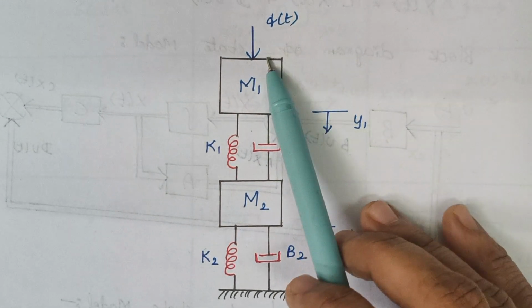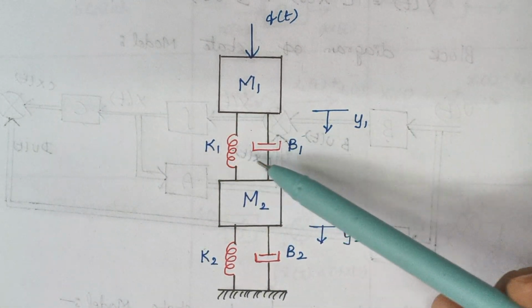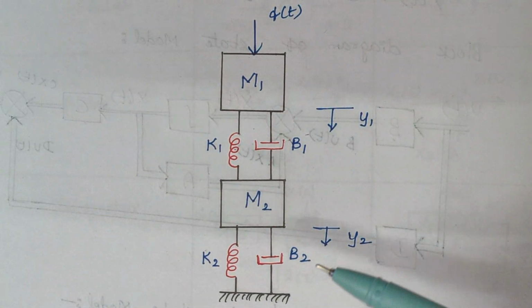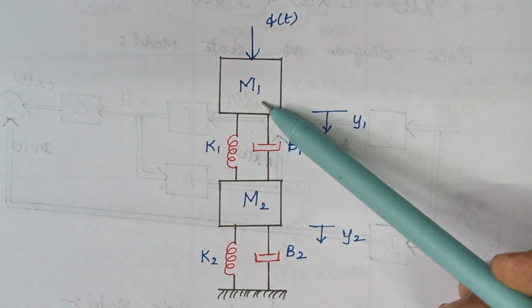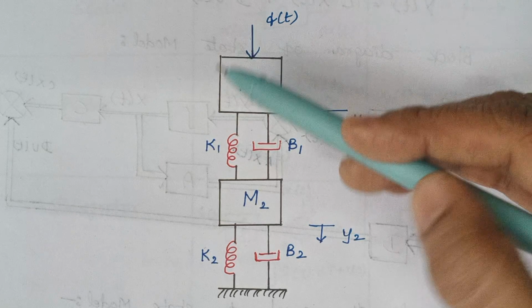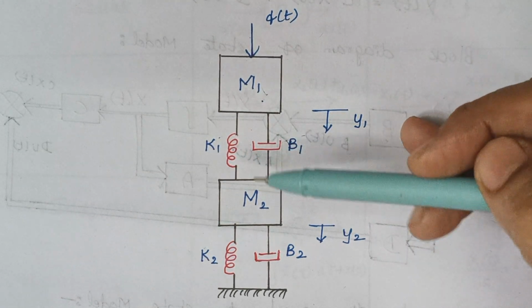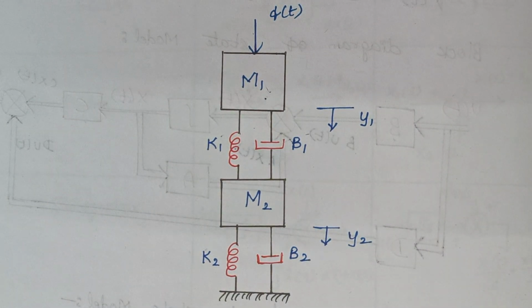Due to this applied force there will be opposing forces produced by the elements connected to m1. Simply count the number of elements attached to mass m1. How many things are connected with m1? 1, 2, 3. Apart from that, an opposing force will also be produced by m1. So totally the forces acting on m1 is equal to 4.